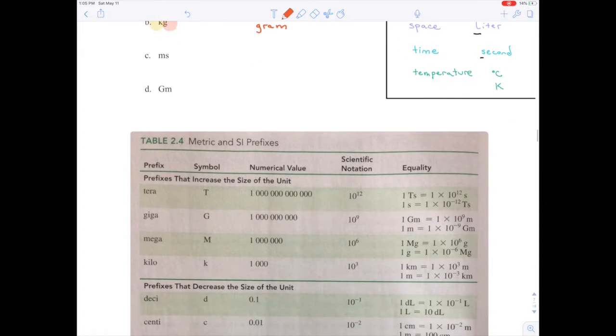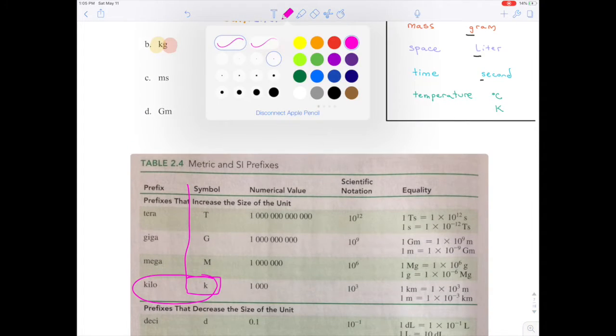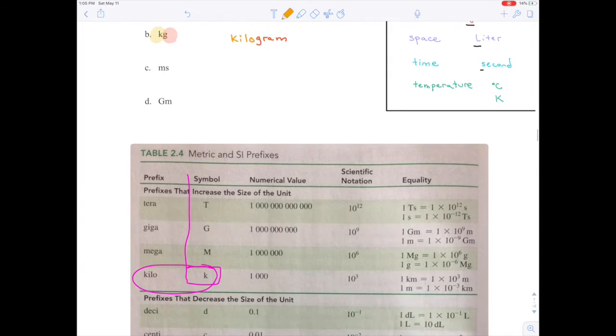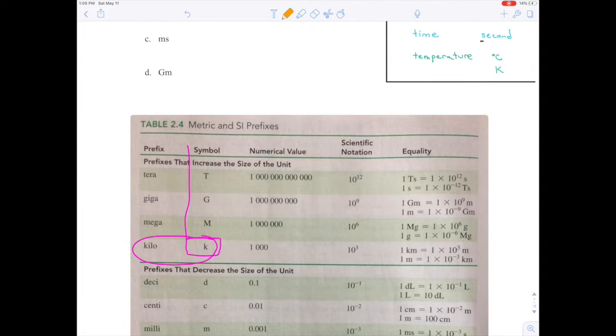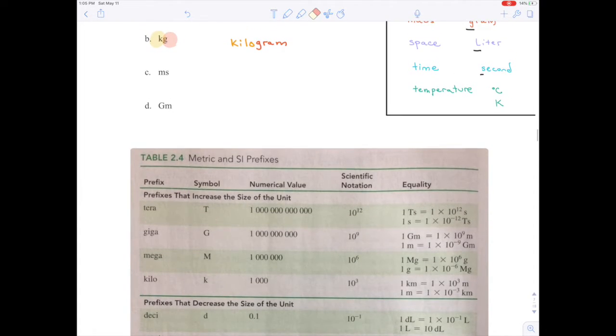We'd go to table 2.4 and look for that symbol, and here it is, lowercase k. That is the prefix for kilo. So we'd write kilogram, and kg is the symbol form of kilogram. A kilogram is a relatively big unit. It's 1,000 times larger than a gram. 1 kilogram is around 2.2 pounds.